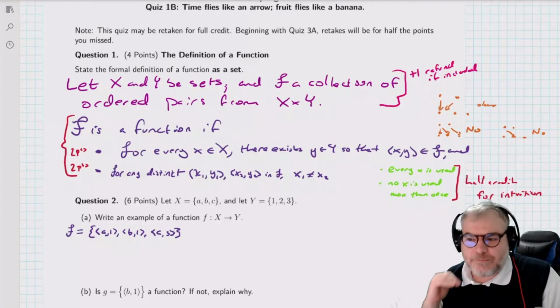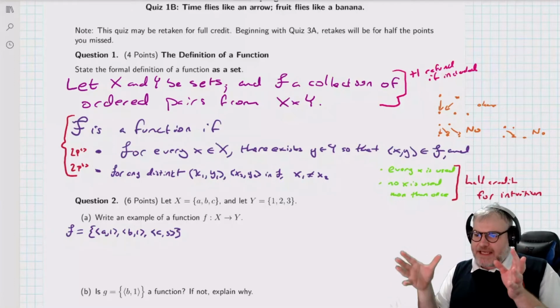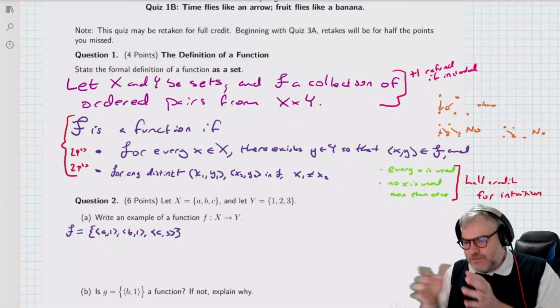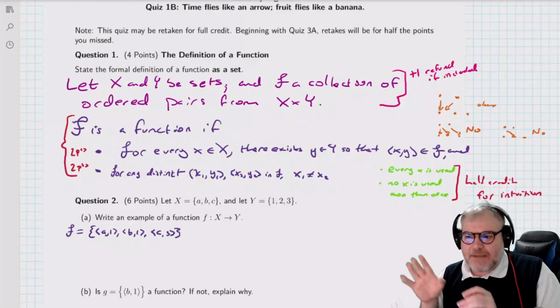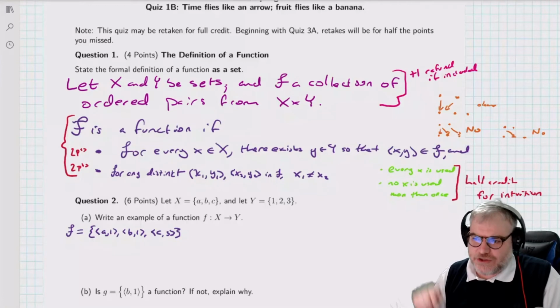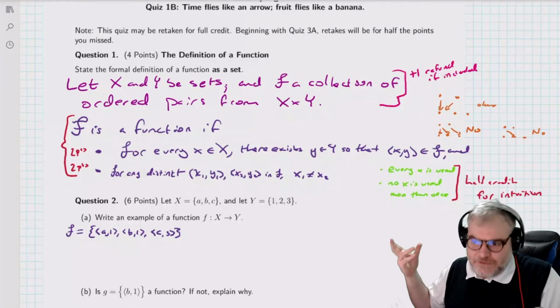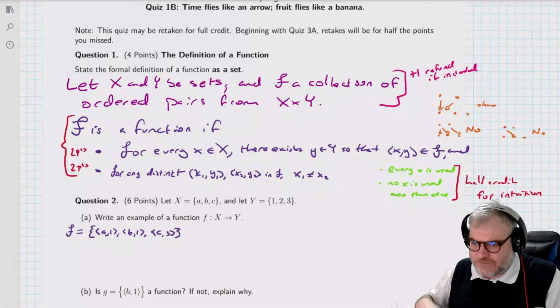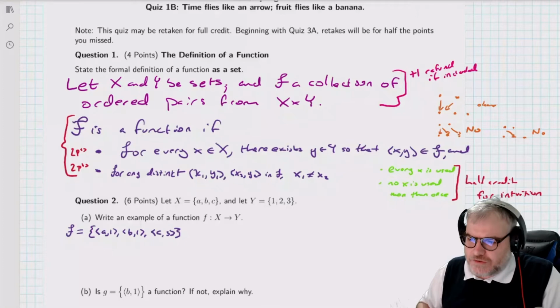So usually you're better off memorizing my definition anyway. You can remember how many conditions and conclusions there are. My definitions are generally easier to remember than the ones in the book, except for this one, because this one is the first formal definition. But the moral of the story is use mine.